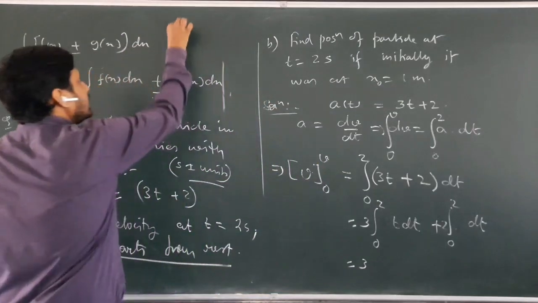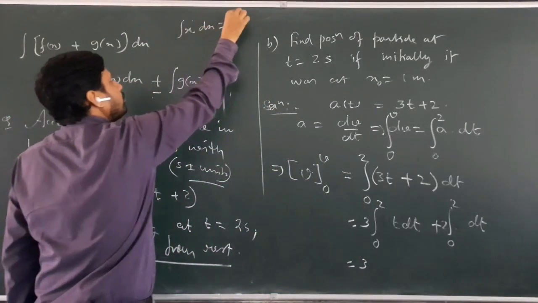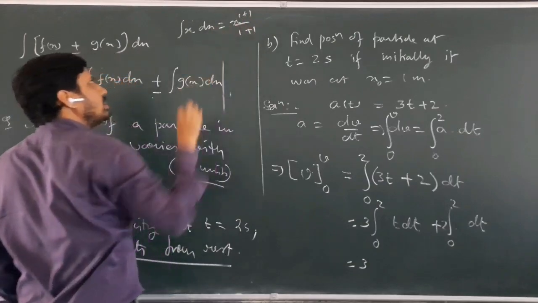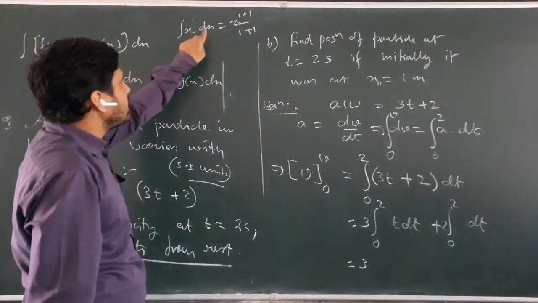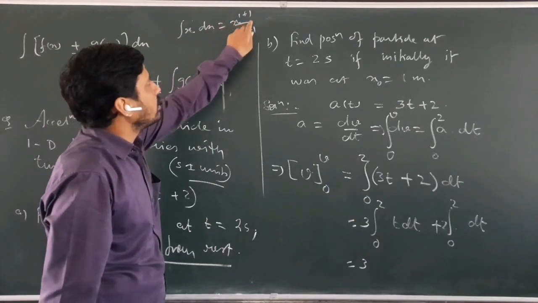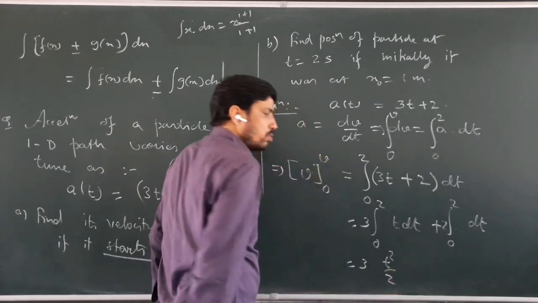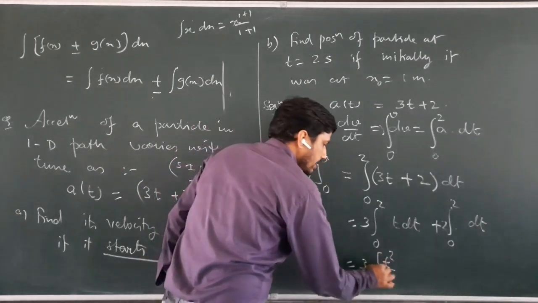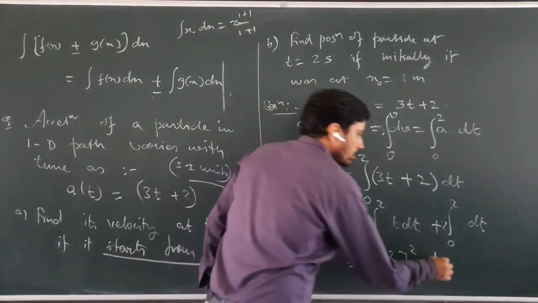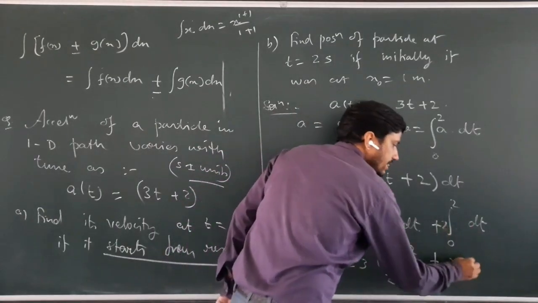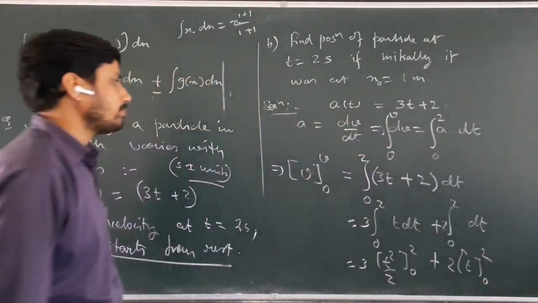See, we have discussed integration of x dx is x to the power 1 plus 1 by 1 plus 1. Instead of x, we have t. So integration of t dt will be t to the power 1 plus 1 by 1 plus 1, that is t square upon 2. And the limits are from 0 to 2.